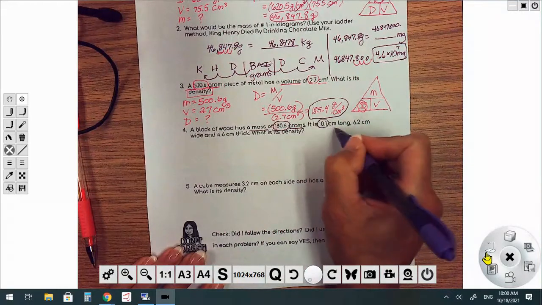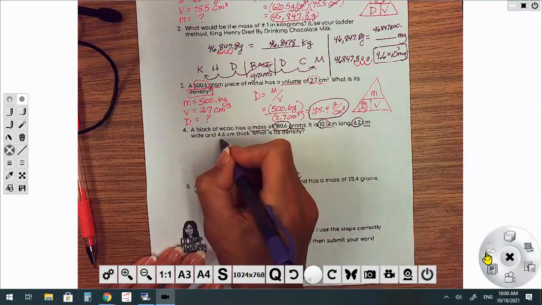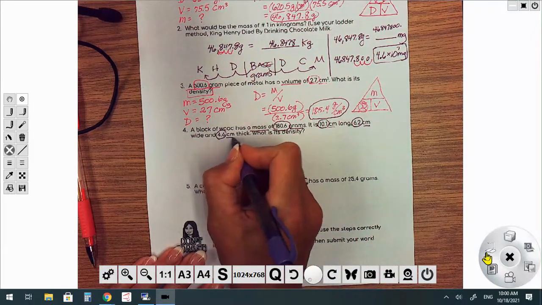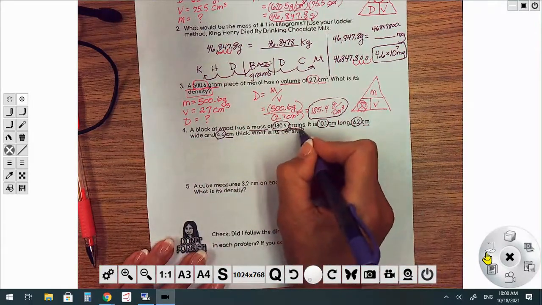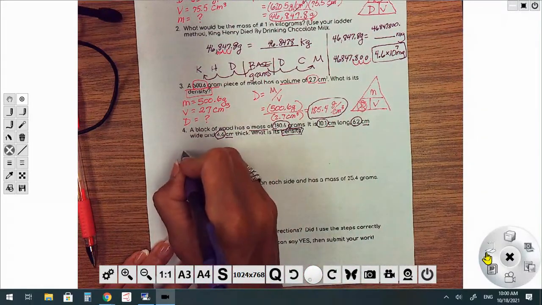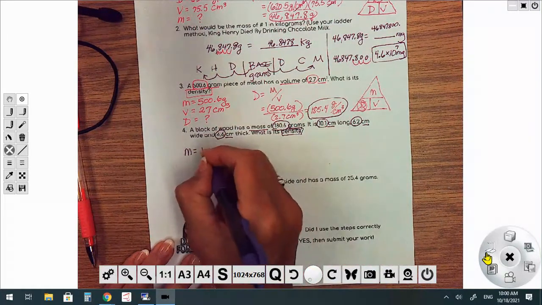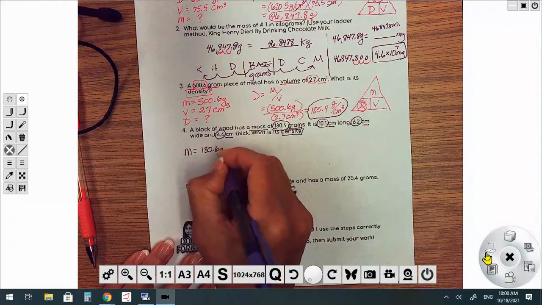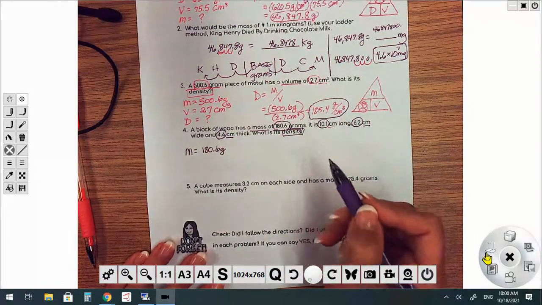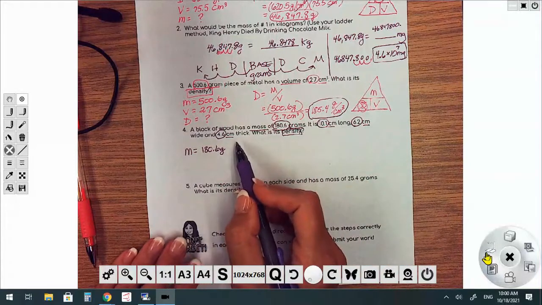All right, a block of wood has a mass of 180.6 grams. It's 10.1 centimeters long, 6.2 centimeters wide, and 4.6 centimeters thick. What is its density? All right, so our grams is our mass value, 180.6 grams. And we have 3 measurements here for the length, width, and height of the block of wood.